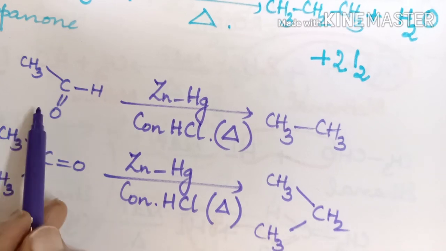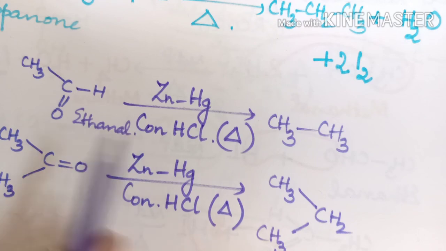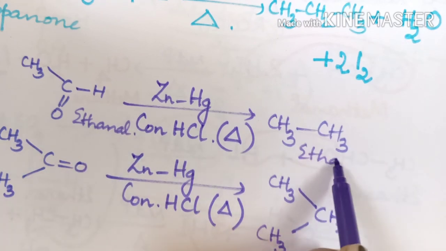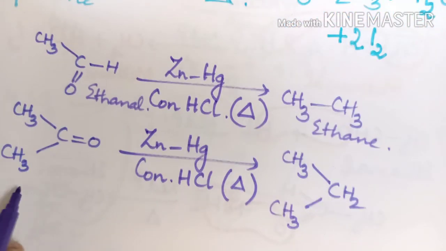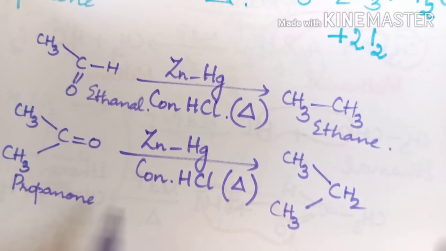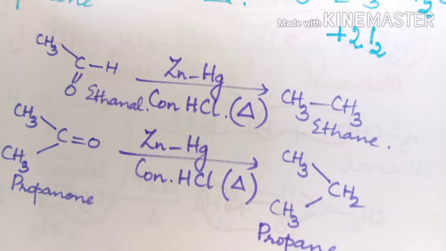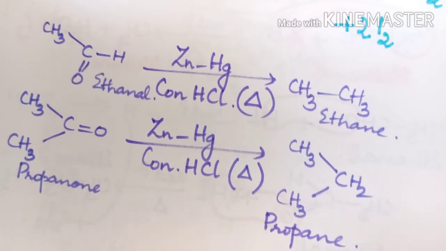So this ethanal results in ethane. Propanone, on Clemmensen's reduction, results in propane. So what is Clemmensen's reduction?